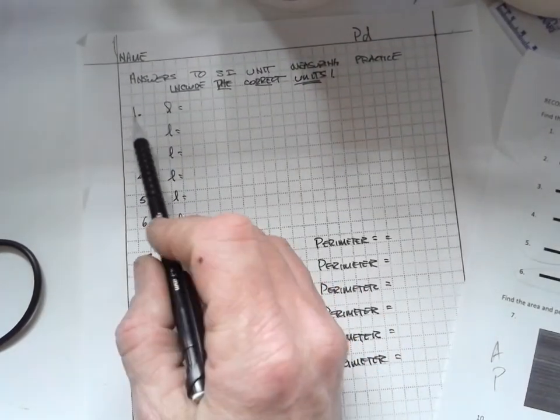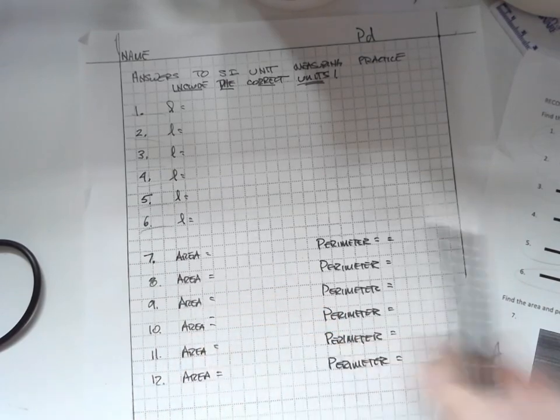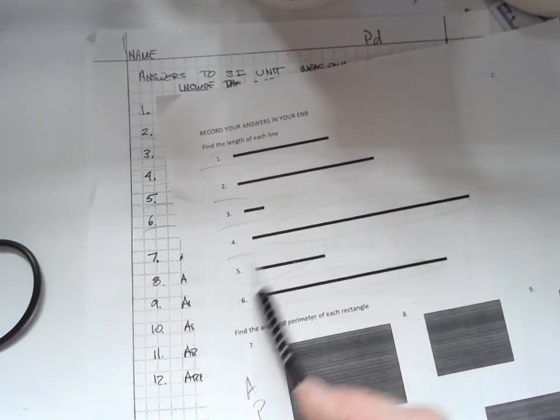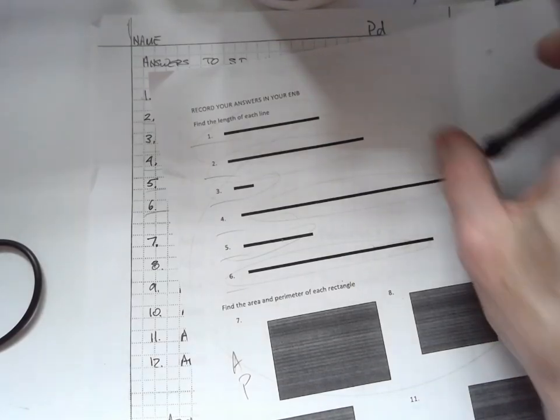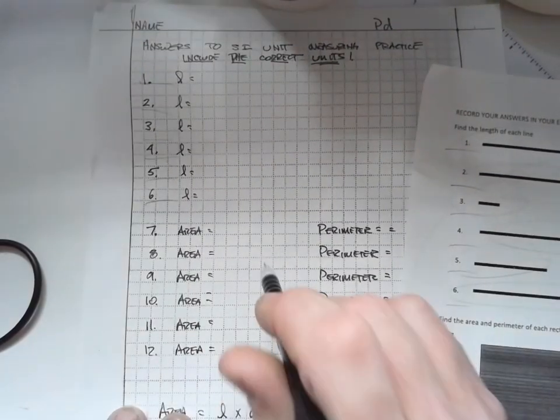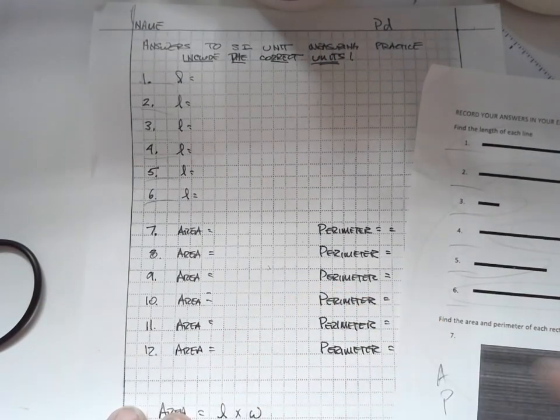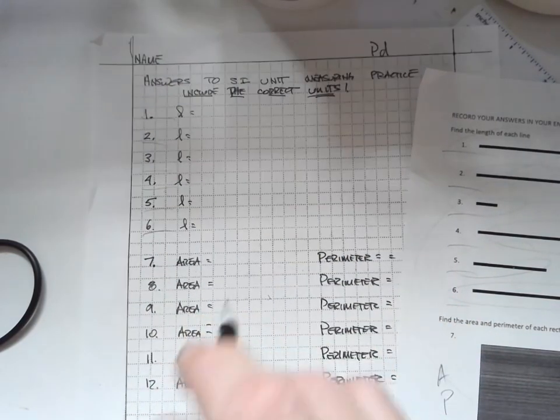You can see numbers 1, 2, 3, 4, 5, and 6 are all lengths. And then the other ones have area and perimeter. That's going to be for these. You can write on this paper if you like, but your answers need to go on this paper.